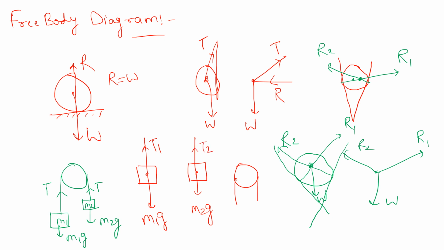But in the case of the string on the pulley, both tensions act downward on it, T and T, and the resultant should be R equal to, what is the value of R? R is 2T, because these two tensions act along the same direction. Okay. So I think here we should solve a single problem based on this free body diagram.